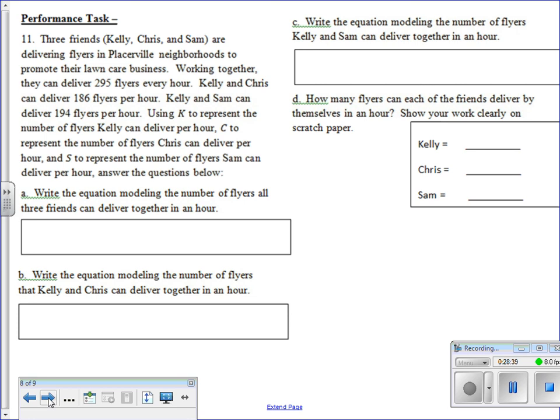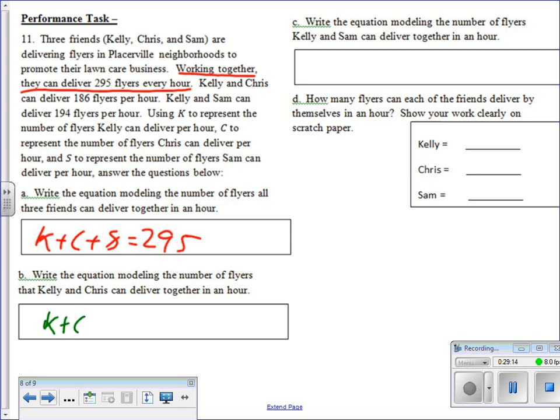1. Write an equation for the total number of flyers. Working together, they can deliver 295 flyers per hour. Kelly plus Chris plus Sam can do 295. Easy. You're told the 3 variables to use, K, C, and S, and how much they can do together. Second one, write the equation modeling the number of flyers Kelly and Chris can deliver.